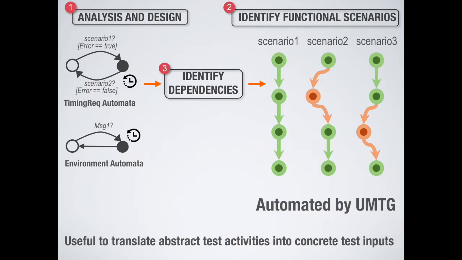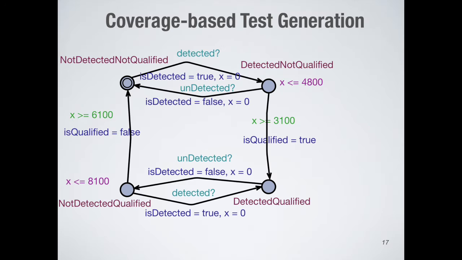So what are these dependencies? Let me explain the dependencies by showing an example of simple test generation based on coverage. A coverage-based test generation may suggest testing the path marked in orange, in order to test the timing requirements on error qualification and dequalification.